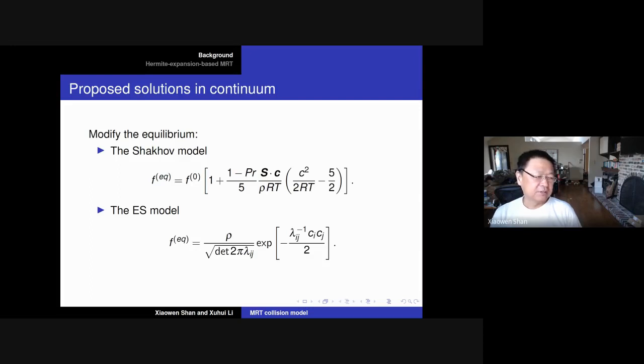And also there is this ES model, both of which propose to modify the equilibrium distribution and to introduce some additional parameters into the equilibrium distribution. Actually, in the Shakov model, the Prandtl number is explicitly dialed in, so that at the macroscopic scale, you have that number built in.